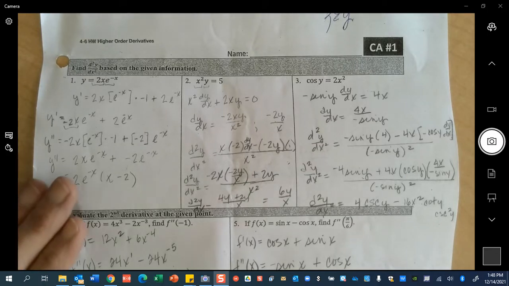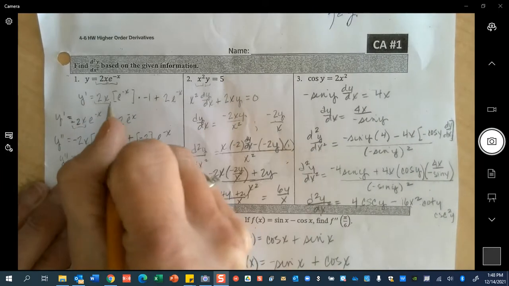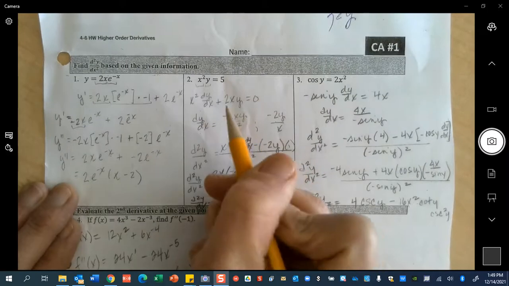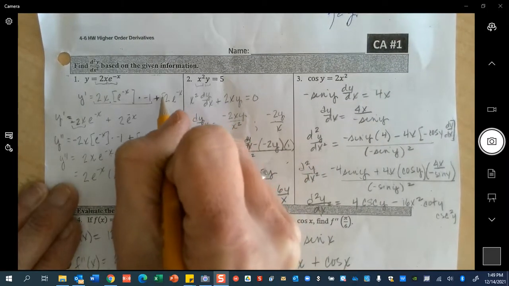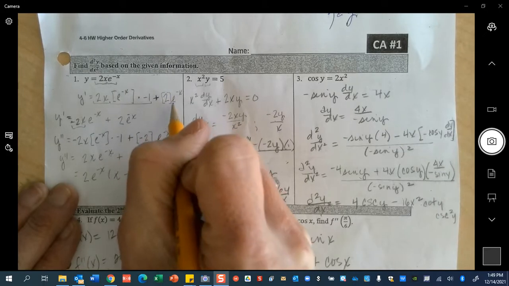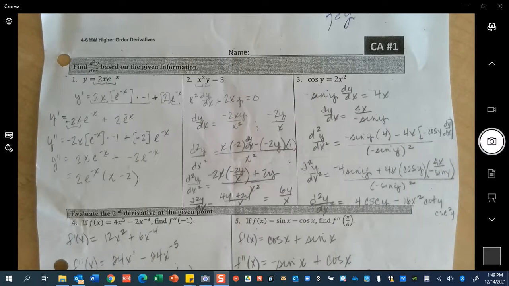So this term here is my first term. This is my derivative of the second, plus, here's the derivative of my first term times my second. So then when I simplified things, this negative came out here with the 2. So -2x e to the -x plus 2 e to the -x.